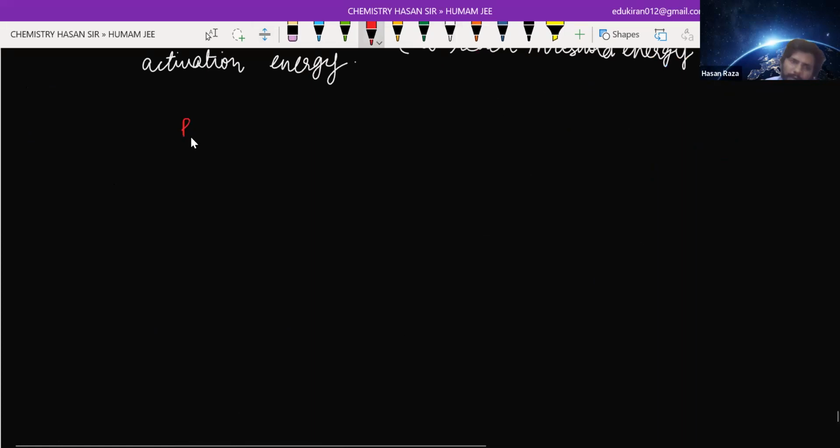Next, the rate is defined in terms of this effective collision, and this is ZAB into e raised to the power minus EA upon RT.